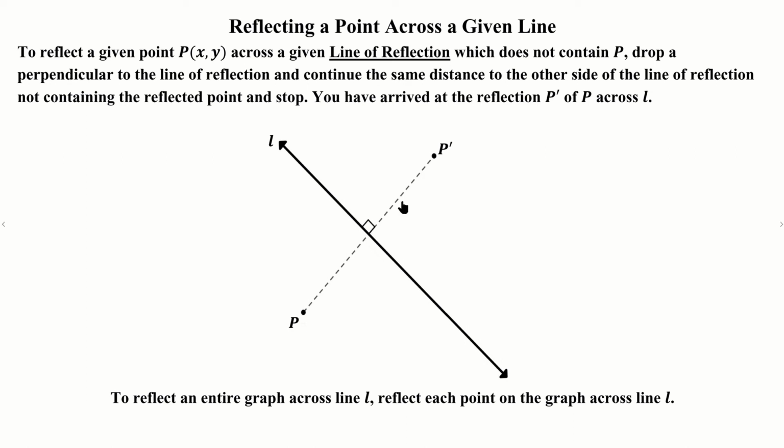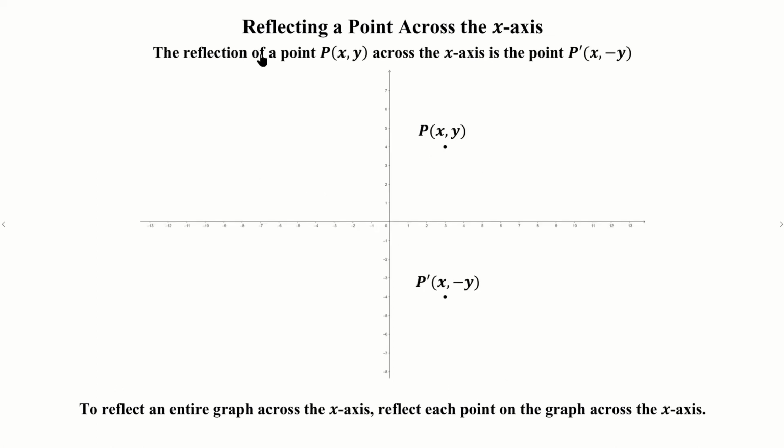Now, if you want to reflect an entire graph across a given line, basically reflect each point on that graph across that line using the same mechanism. Now, to reflect a point across the x-axis, you have to understand that the reflection of the point x, y across the x-axis is just going to be the point x, negative y, because remember, you drop a perpendicular and go the same distance to the other side.